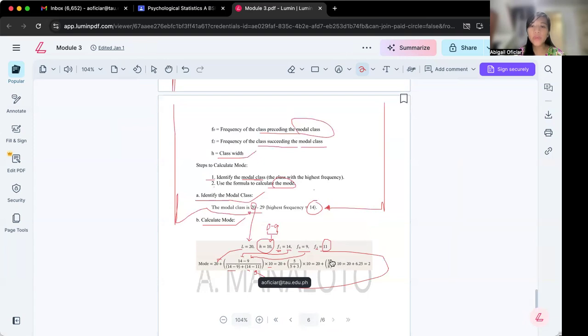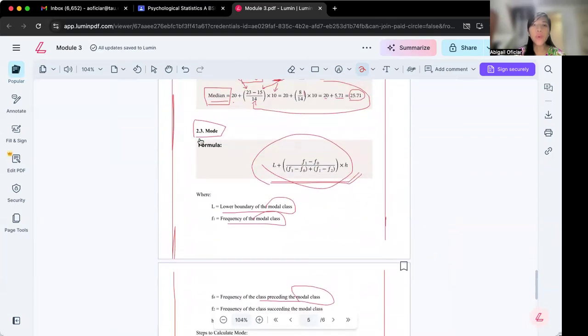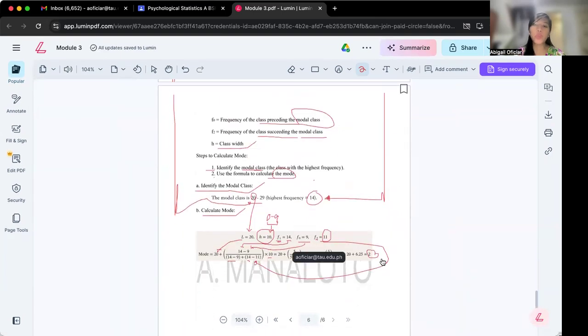And of course, you just divide this, then multiply by 10, you will get 6.25. So 20 plus 6.25, that's 26.25. So our answer for the mode, given the data set that we have, okay, is of course 26.25.